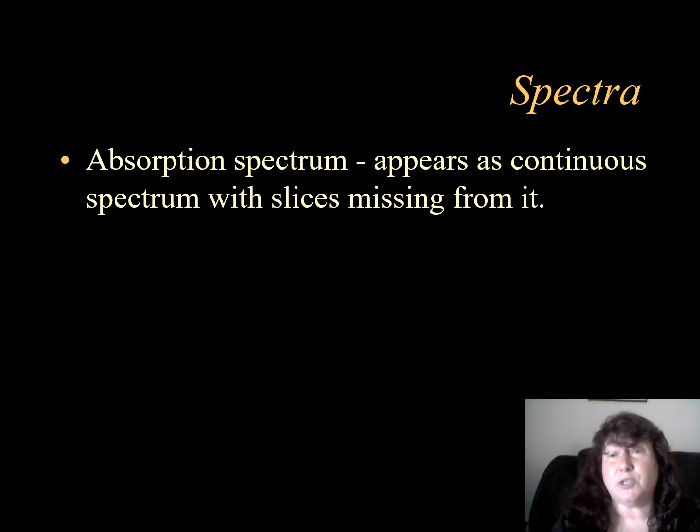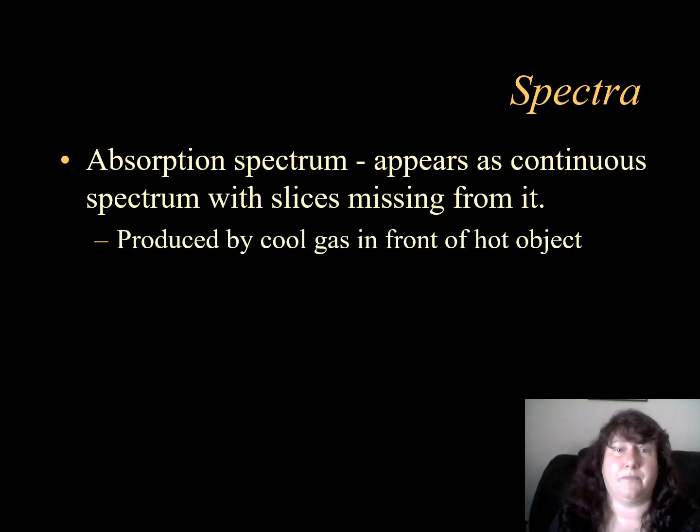Now, an absorption spectrum is where we have the continuous spectrum, but pieces are missing from it. Those slices we just saw on the previous slide are missing. It's produced by a cool gas that sits in front of a hot object.